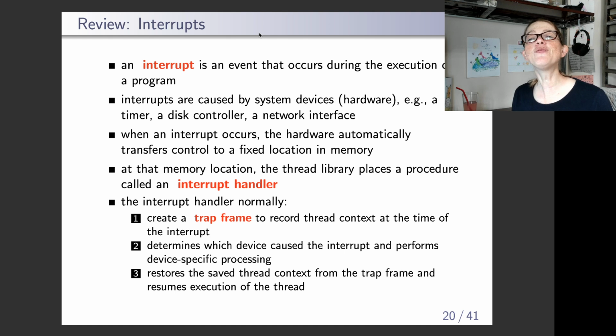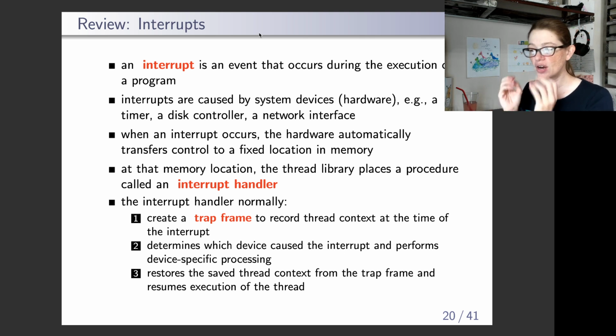Except the very first thing that the interrupt handler does in the kernel, and we will be looking into this in greater detail later in the course, is it saves the complete context, which means every single register, to the current thread's stack before it starts actually executing the true interrupt handler to figure out what device has fired the interrupt and what I should do with it.